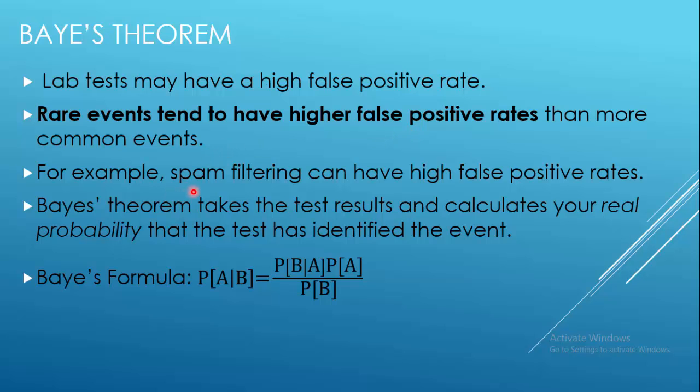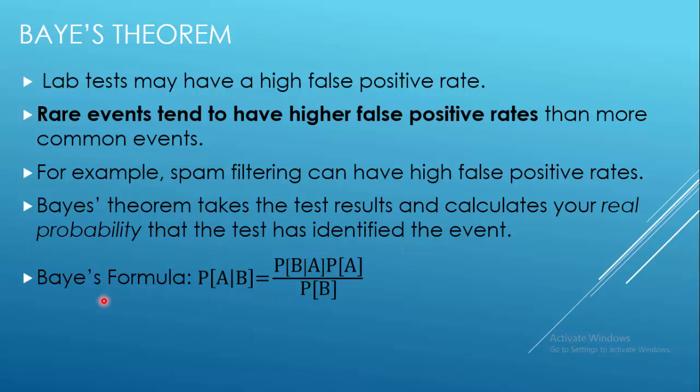For example, spam filtering can have high false positive rates because the number of spam emails is rare, and normal emails are more common. Bayes' theorem takes the test results and calculates your real probability that the test has identified the event.